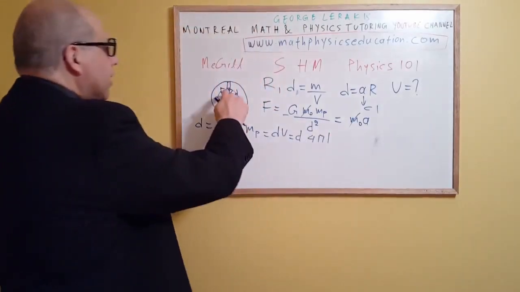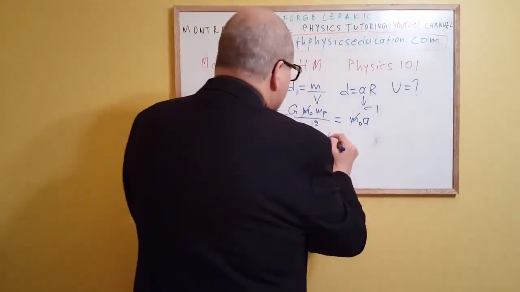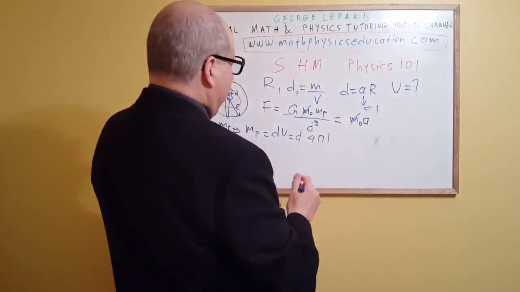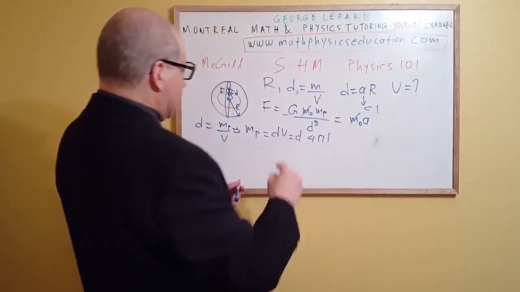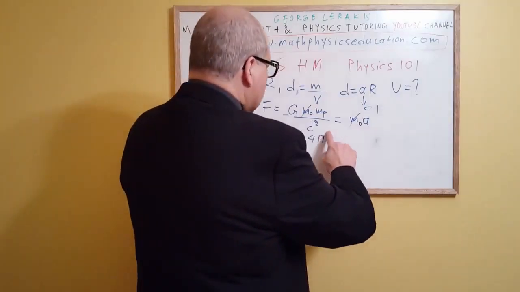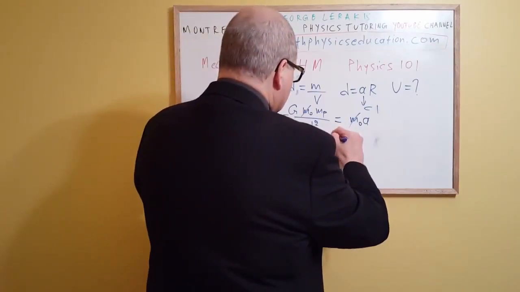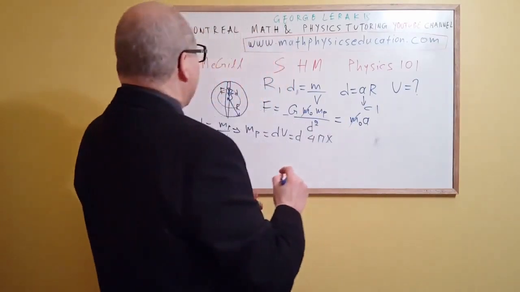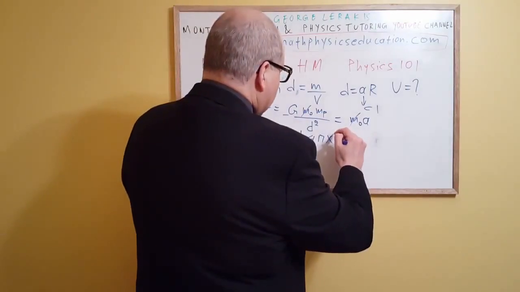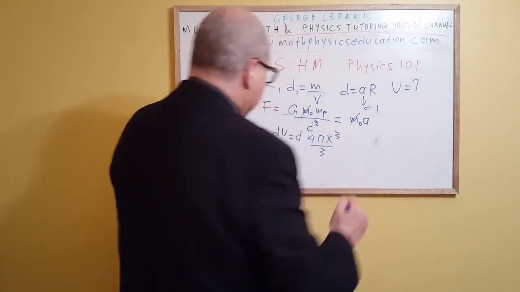In this case the r will be this distance here, which we said is d. Just not to get confused with this d here, let's call it x. So x to the third over 3.